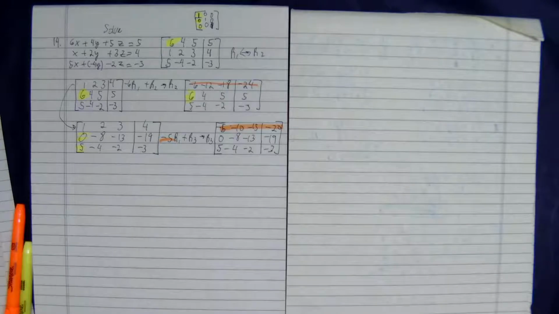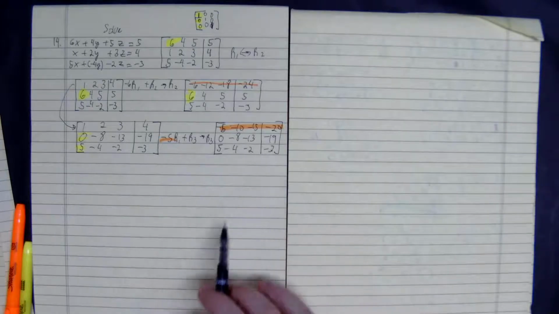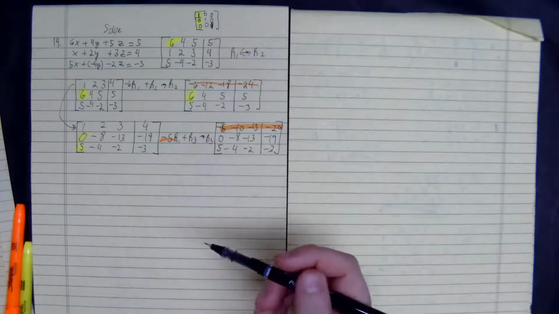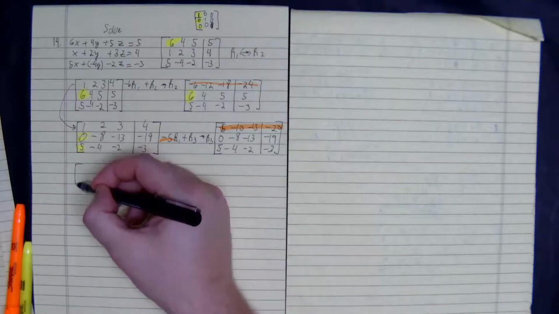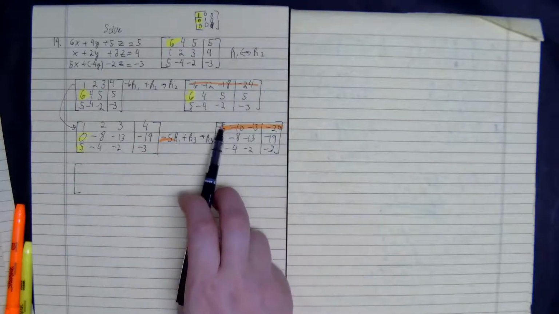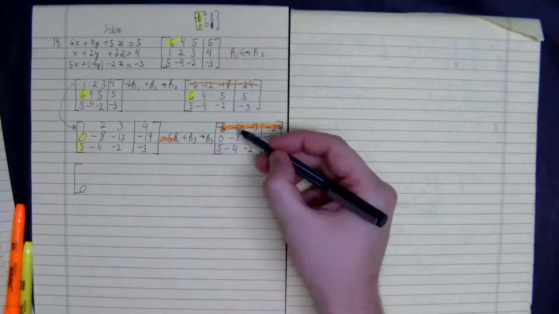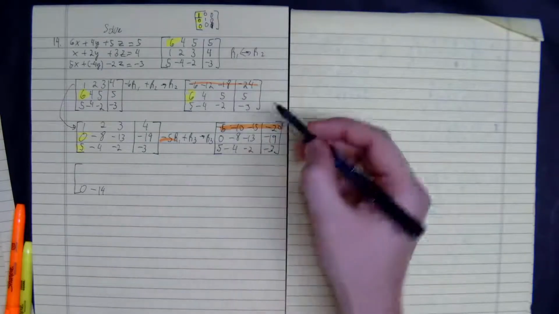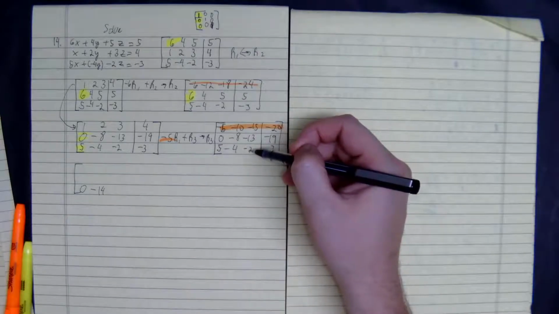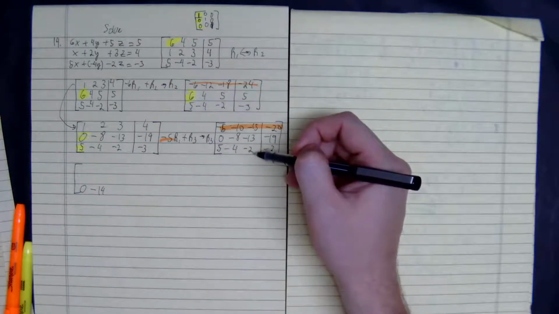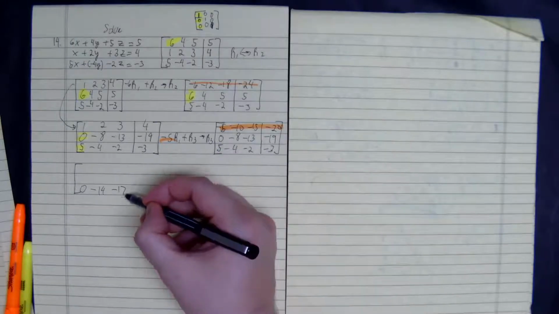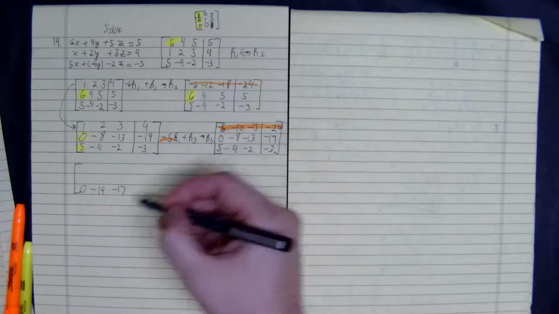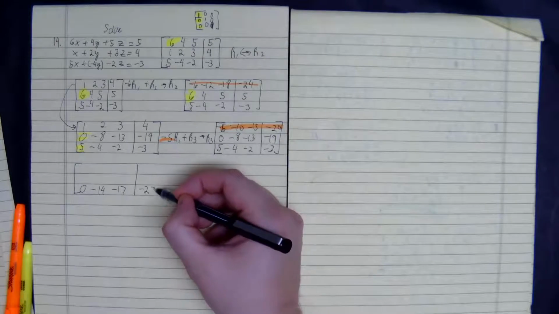So far, so good. Next we need to rewrite it. Let's just do the combination first. -5 plus 5, 0. -10 minus 4, -14. -5 minus 2, -17. -20 minus 3 would be -23.